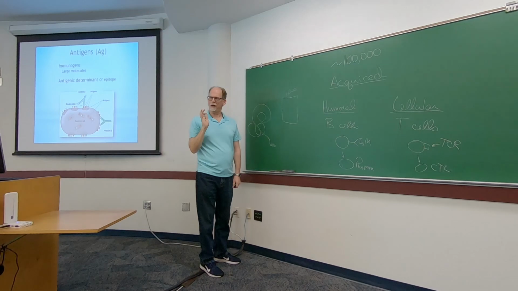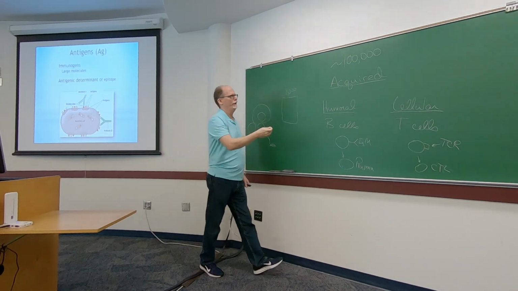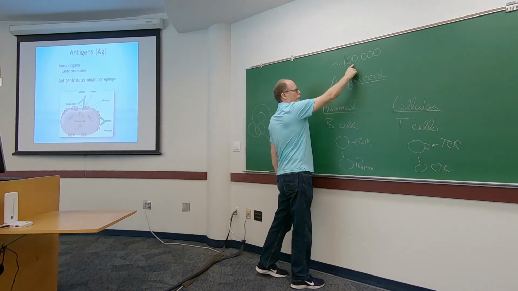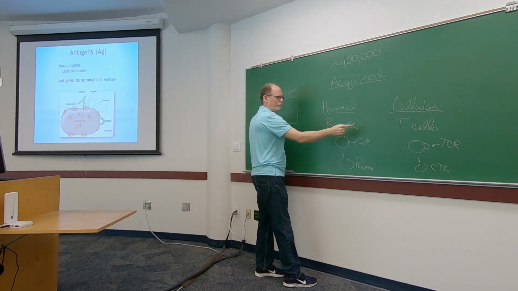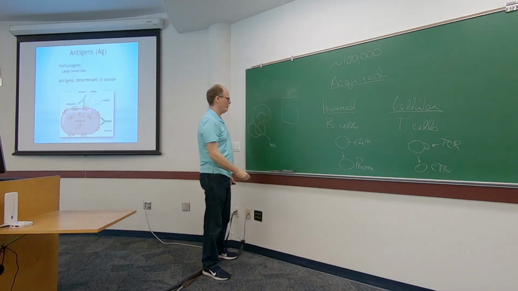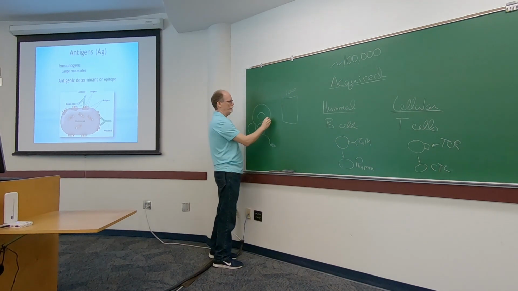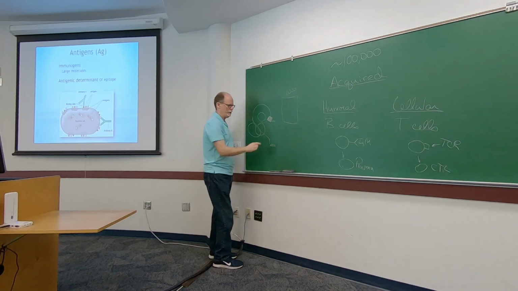I think that's how you want to think of antigens, right? There are 100,000 different shapes that can fit those receptors. Of a protein, only about 4 or 5 amino acids make up the puzzle piece. That's the antigen.